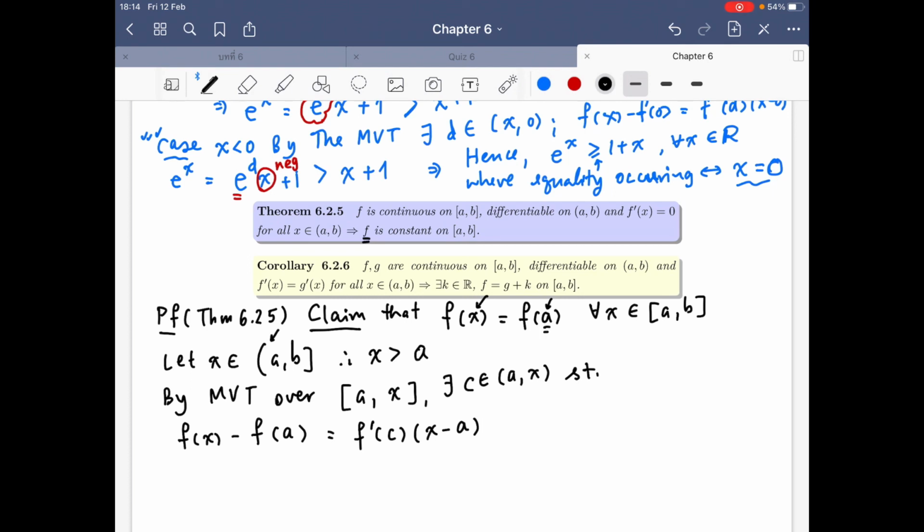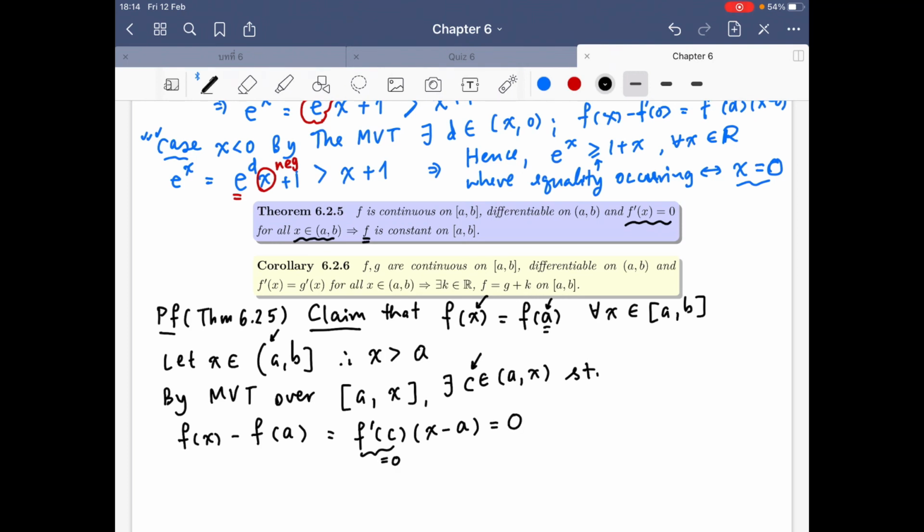Because f prime at x is 0 for all x inside the open interval from a to b, and c is one of the elements in this open interval, this equals 0.